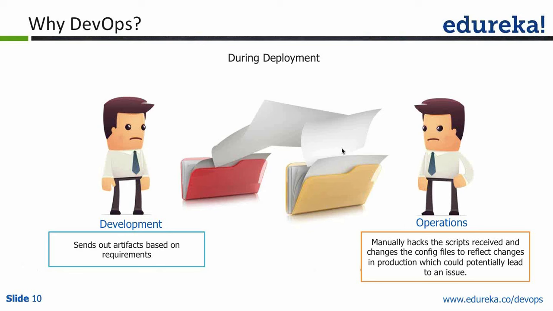And now, when it comes to deployment to production, since Ops again does not have good visibility into what kind of changes we are making, the Ops team may have to make some changes to make something work in production. And that is, again, not a good idea because you do not know what kind of problem it can create in production and things like that.